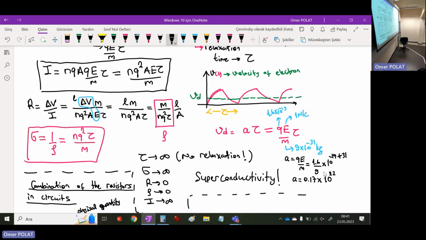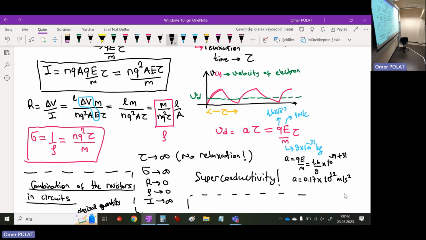Plus 22, or 12? Which one? 12, sorry. 12. As you see, huge acceleration. If you remove these zeros, it's about 1 trillion meters per second squared. Acceleration is huge.